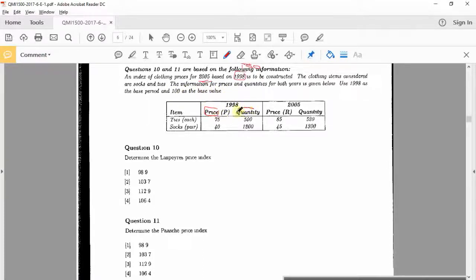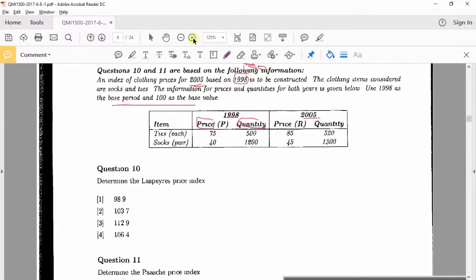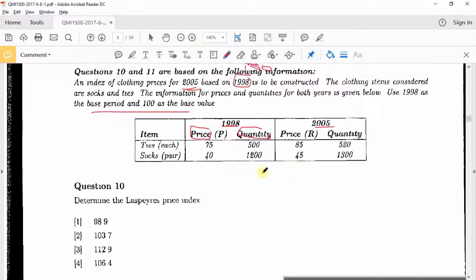The clothing items considered are socks and ties. The information is price and quantity, for 1998 and 2005. Use 1998 as the base. They didn't have to tell you that, but that's what they said.